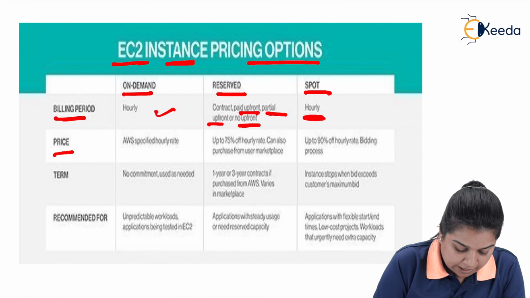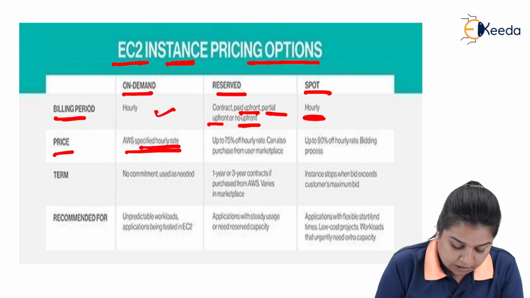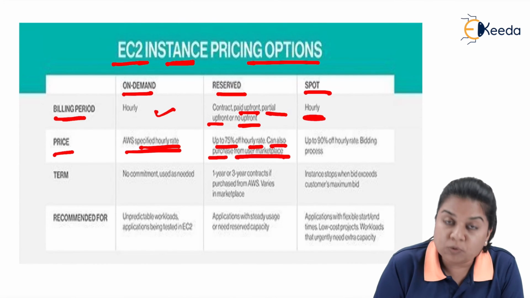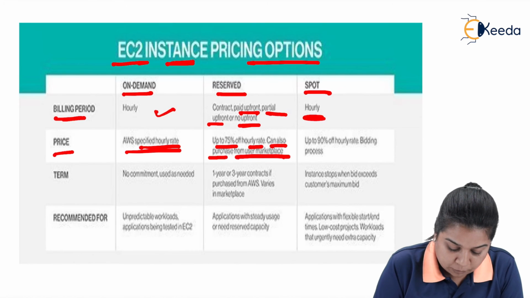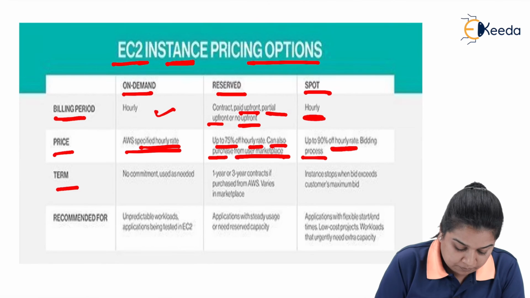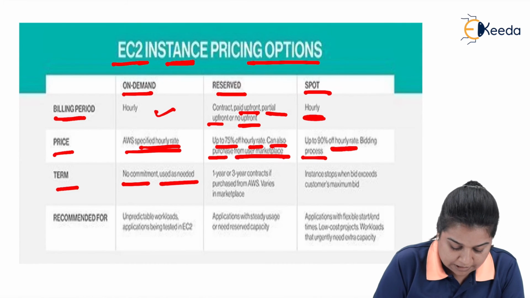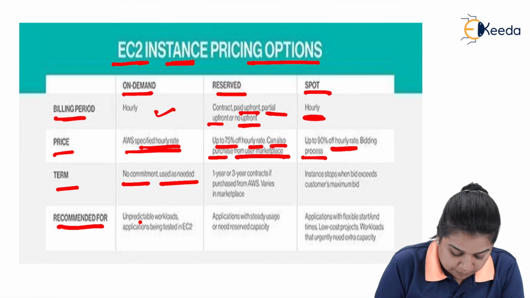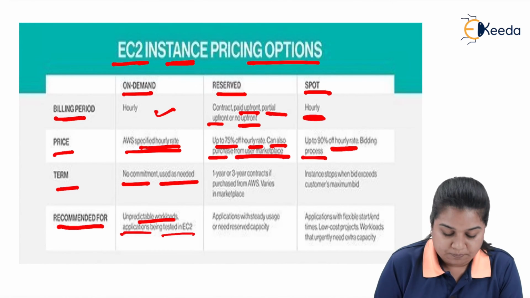Then price: on demand is an AWS specified hourly rate; reserved is up to 75% off the hourly rate and can also be purchased from the user marketplace; spot is up to 90% off the hourly rate through a bidding process. Term: on demand has no commitment, used as needed. Then recommended for unpredictable workloads and applications being used in EC2.